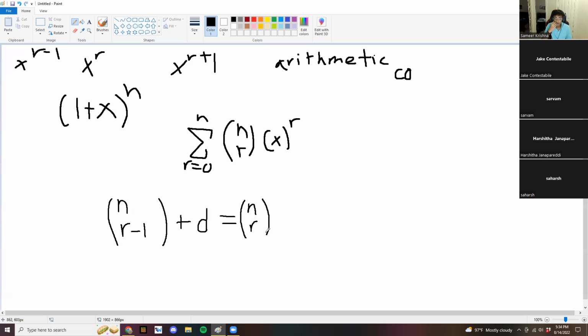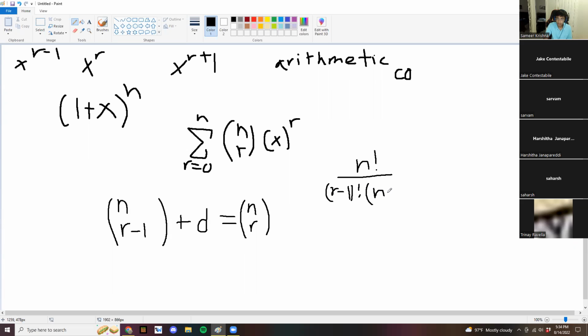So since we know that, this n choose r minus 1 looks like n factorial over r minus 1 factorial, then it's n minus r plus 1 factorial.